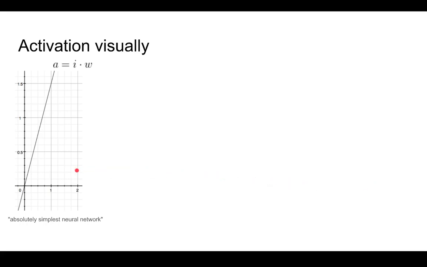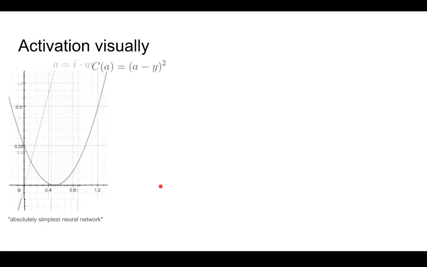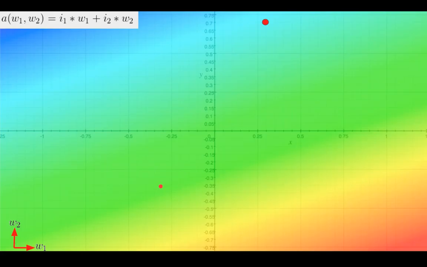In the first video, we had an activation that looked like this, a simple one variable first order polynomial, and for its cost function we used the same mean squared error, also in 2 dimensions. Now, however, things are a little bit different. So the activation, first of all, is a plane in 3 dimensions, and here I'm illustrating that with colors.